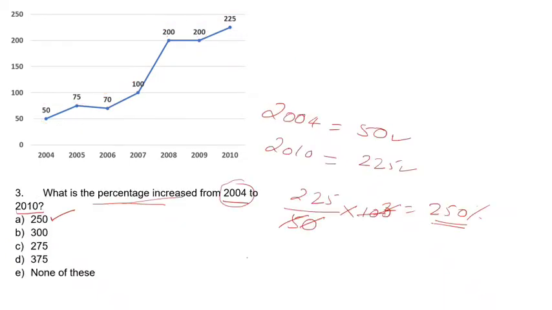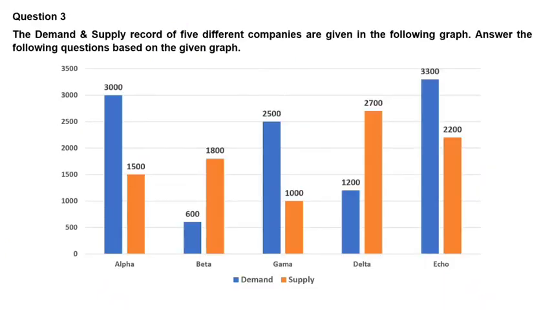So next question. Again, the question is based on a bar graph. The question is about a demand and supply record of 5 different companies, and answer the following questions based on the given graph. So let us take some time to analyze the graph.